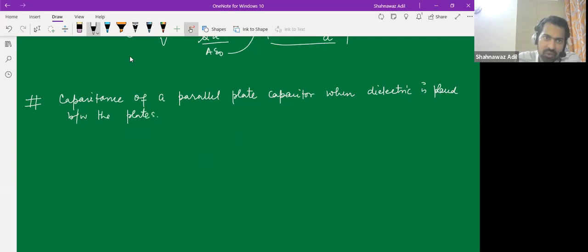Right. So we have two parallel plates, right? And in between these two, we have a dielectric with dielectric constant K. So this is fully filled, right? There is no gap between these plates, so it is fully filled with this dielectric, and it has dielectric constant K.